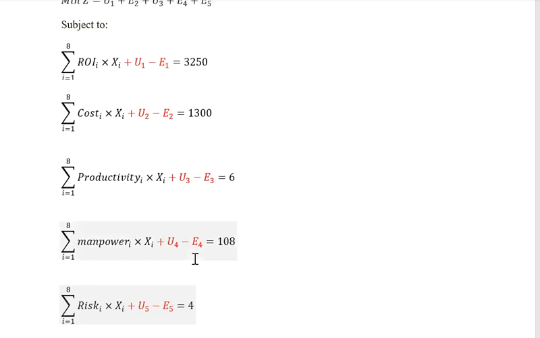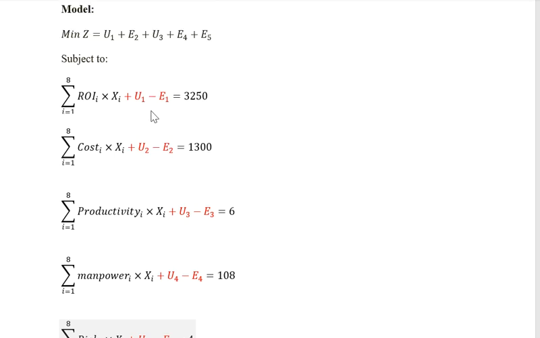What are we supposed to minimize or maximize? Well, for goal programming, we always have to minimize. We never want to maximize our deviation variables. We always want to stay as close to our goal as possible. For example, for goal 1, we do not want to fall very short of our goal of $3,250 in return on investment.